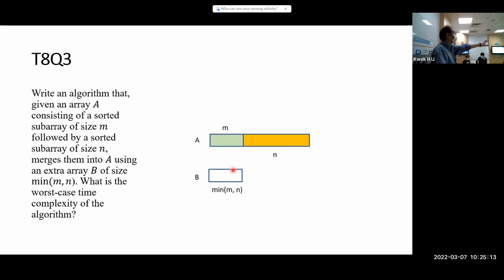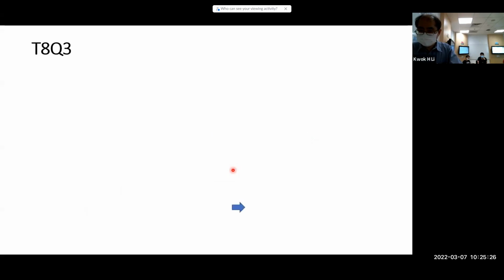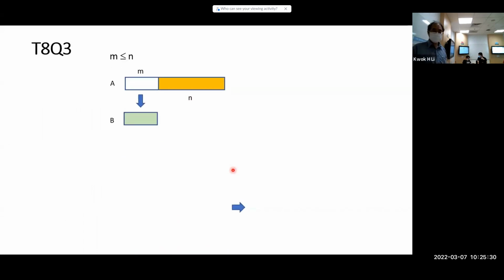Okay, let's look at the simple case first. So you see that if M is less than N, the first case, M is small, 10, N is 100, very big, so this B should be 10 only.